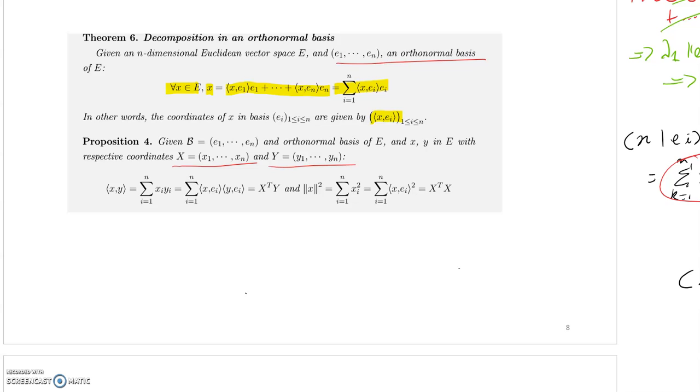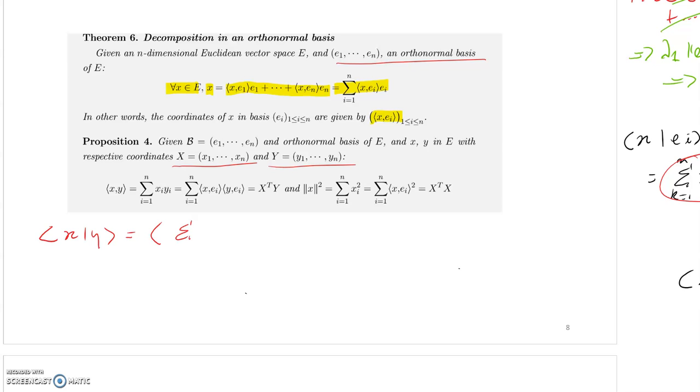And so what is going to be the inner product of x with y? Okay, we just have to write what it means. Maybe you can pause here and try to do the calculations by yourselves. I am going to write that x is the linear combination of xi ei, y is the linear combination of yi ei, and so what are we going to get? Pause here and do the calculations by yourself.